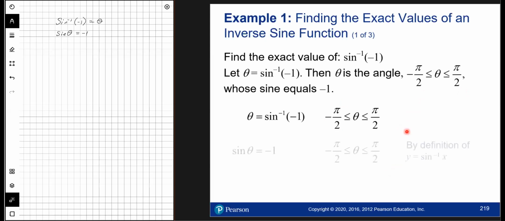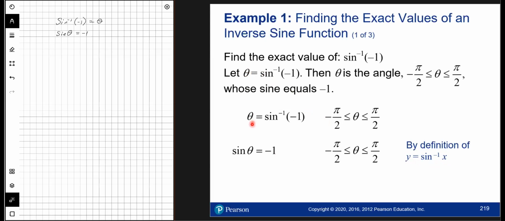Okay. And so, because by definition, y equals the sine inverse of x, which means that sine of y equals that x value, and y is the angle we're looking for.